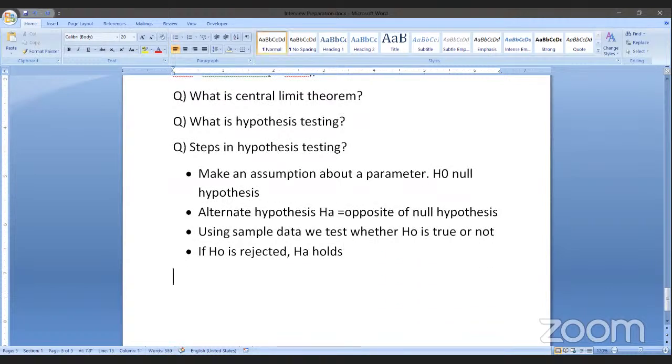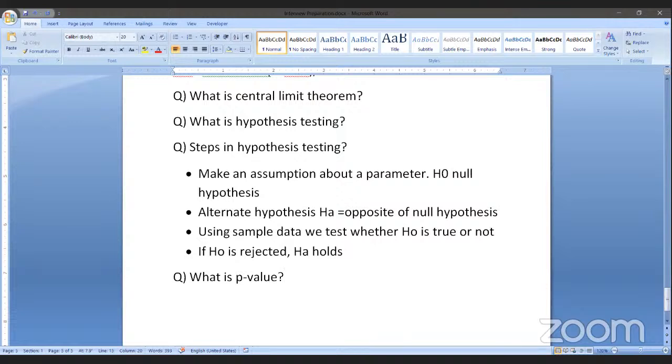Okay, so let's go to the next one. What is p-value? Yeah, it is also called as probability value.